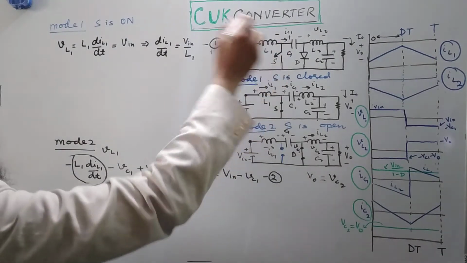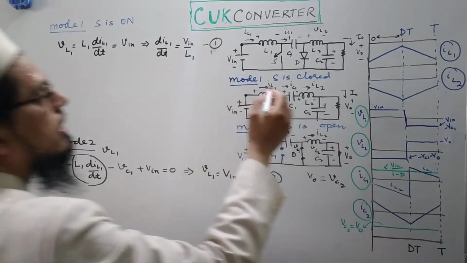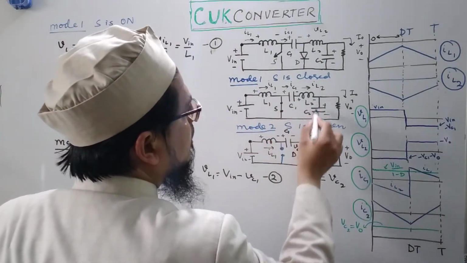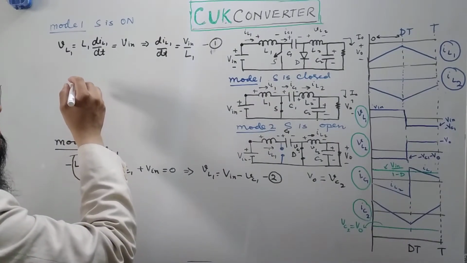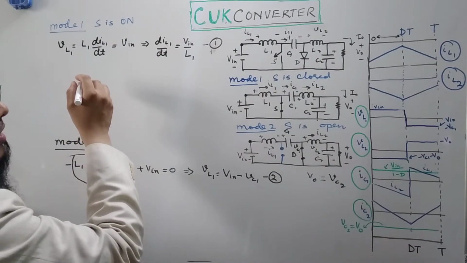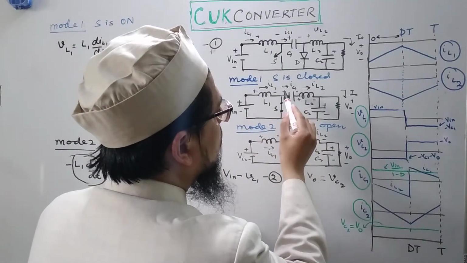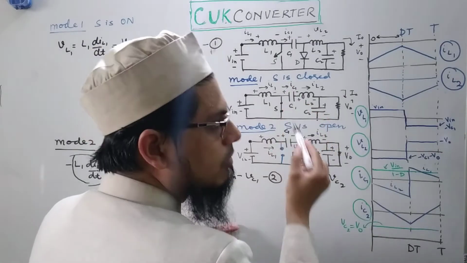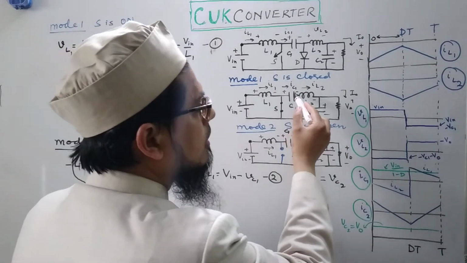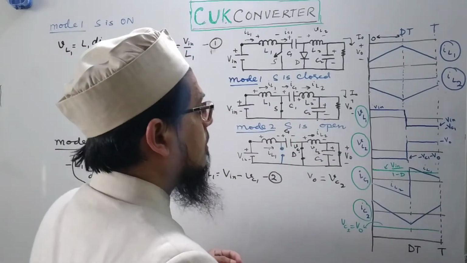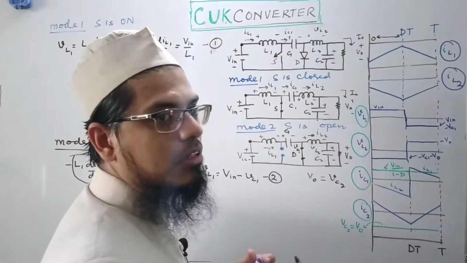Fine. So let me write down the equation for VL2 in mode 1. So again I can apply the KVL in this loop. It doesn't matter what sign convention, or rather what polarity you are showing for the capacitor and the inductor, but you have to keep in mind the sign convention that is adopted for the passive elements.